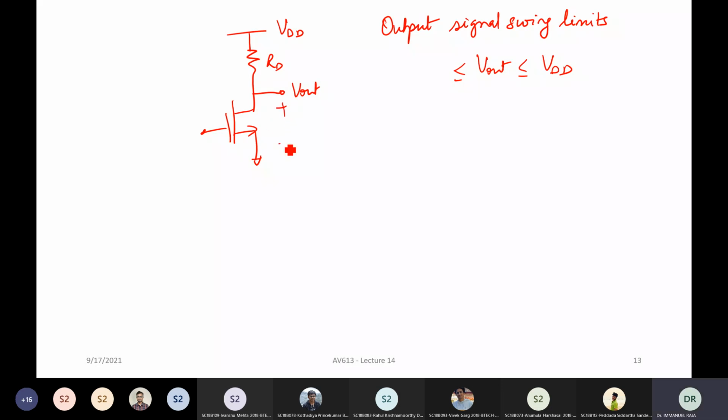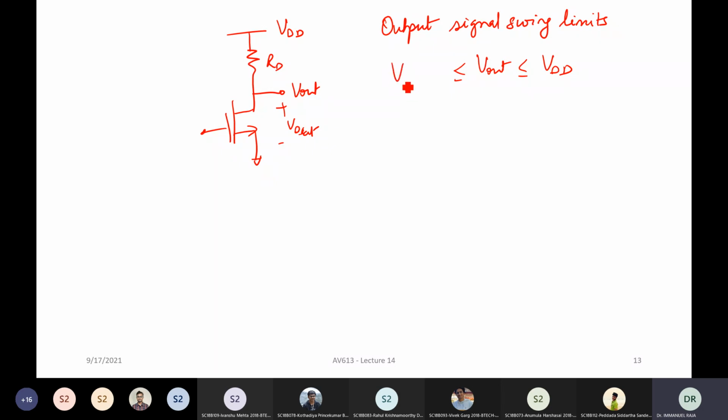Let's say this transistor has to maintain at least a VD sat, right? If V out goes lower than VD sat, then in that portion of the signal you are going to have distortion because the transistor is no longer a current source, and you basically have a much different behavior of your transistor in that region.